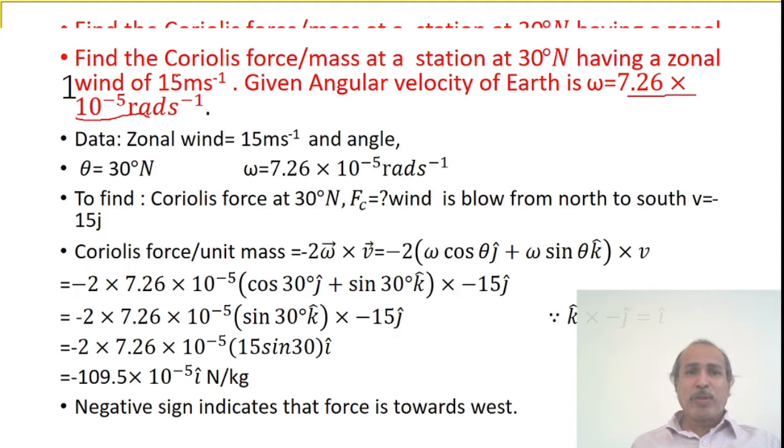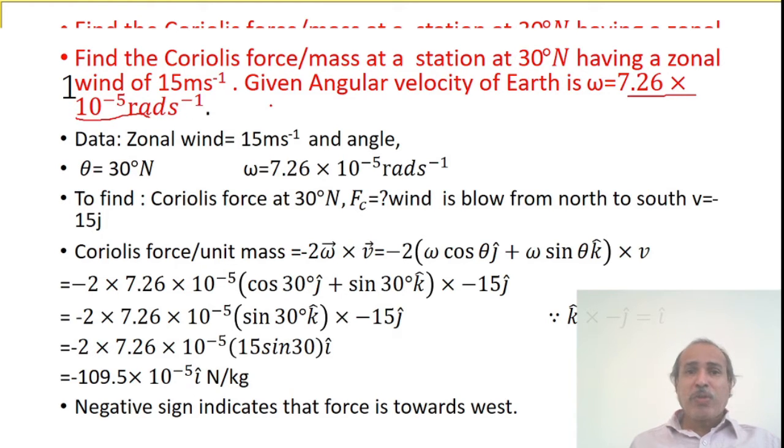In this problem we have to find the Coriolis force per mass at a station at latitude 30° north, having a zonal wind with a speed of 15 meter per second. The angular velocity omega is also provided.